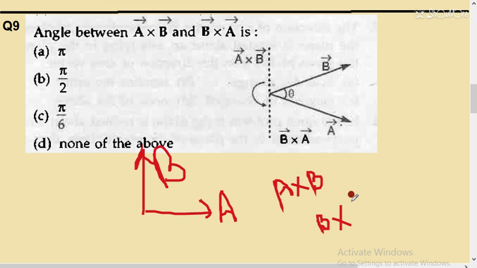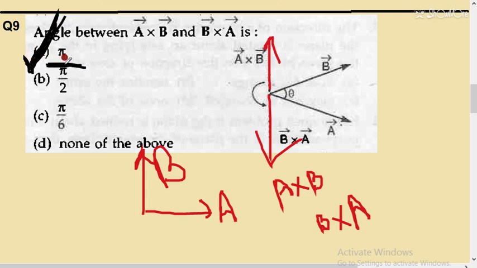So A cross B will be upward, B cross A will be downward, so the angle between them is 180 degrees. We have already seen such type of question a few times earlier. So the angle between them is pi, and pi is 180 degrees.